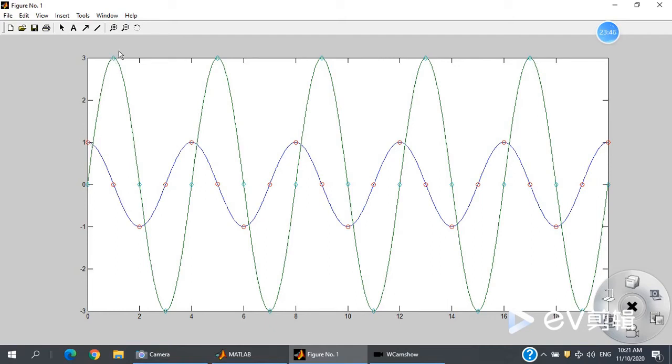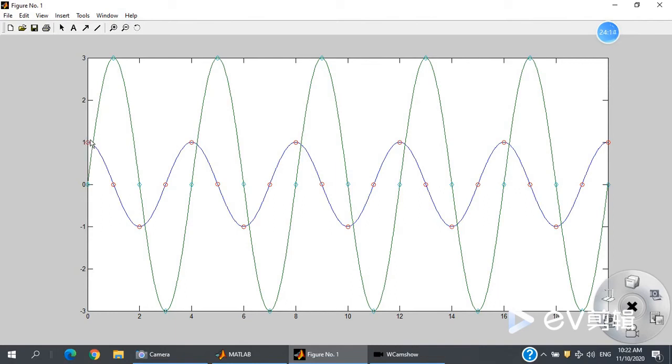So the peak shifted to 1, shifted by 1. The magnitude is 3 times, so now it's 3, right? So the green one is the blue one shifted, with 3 times the magnitude. And the symbols are also shifted by 1 with a change in magnitude.